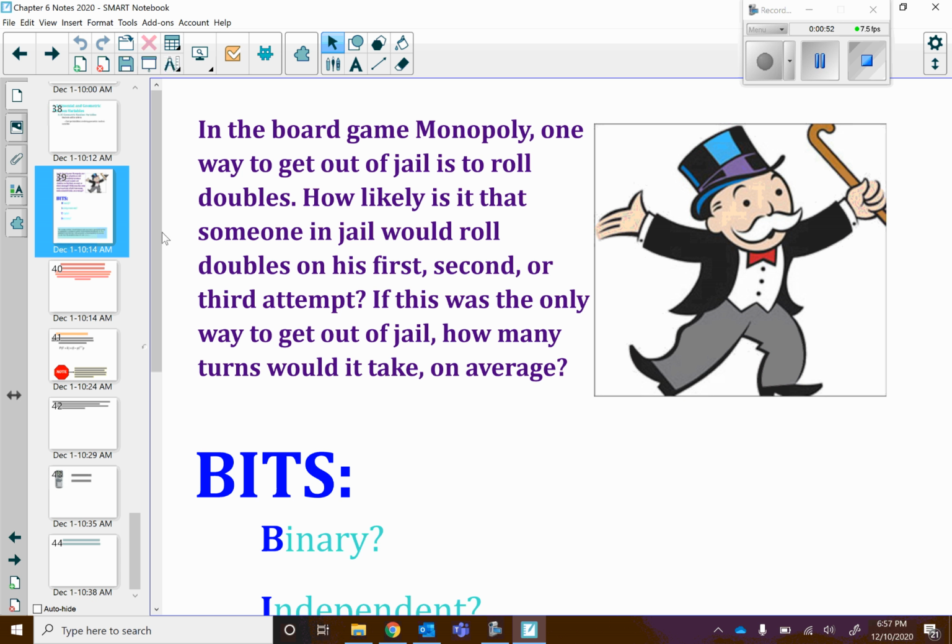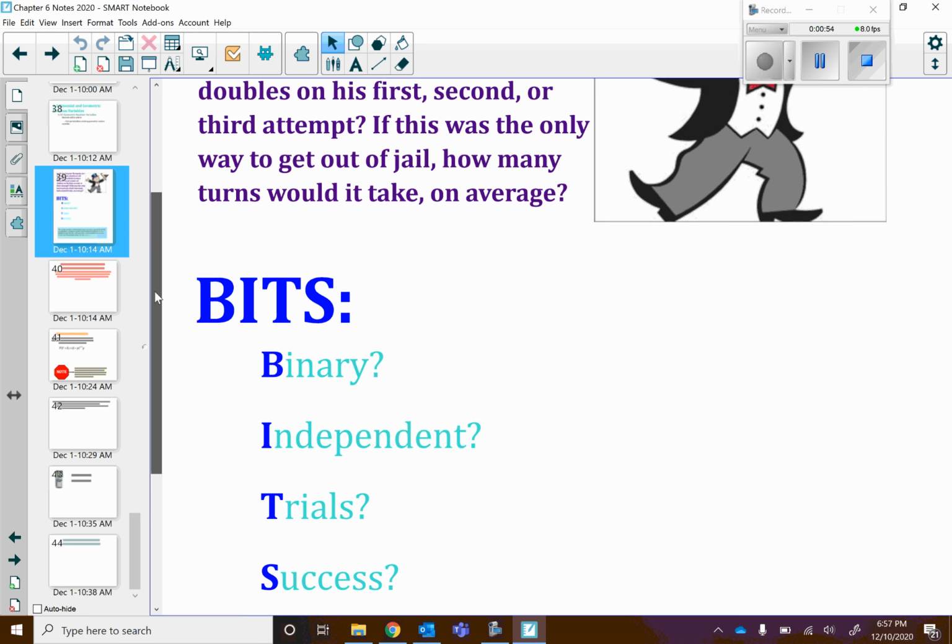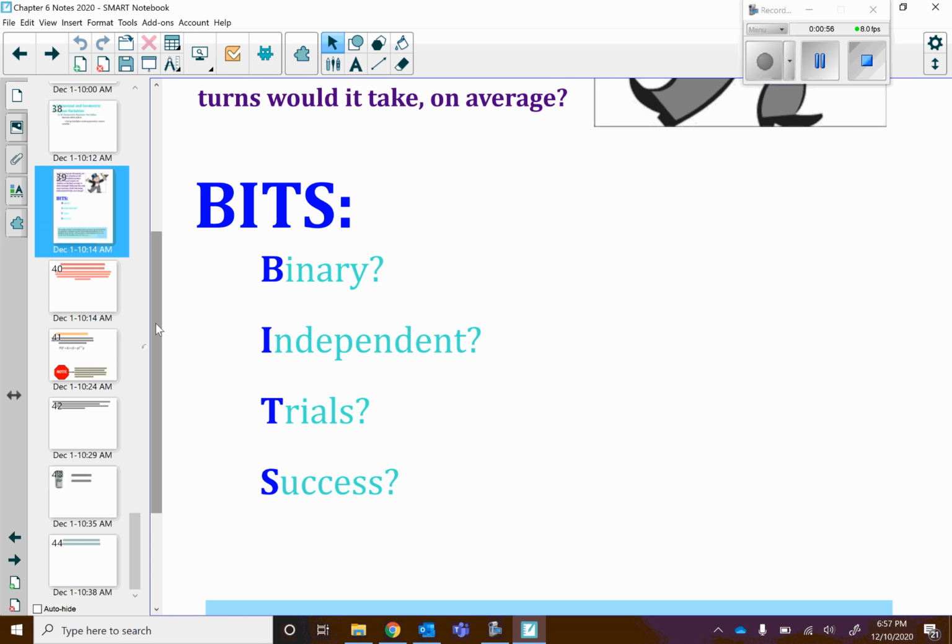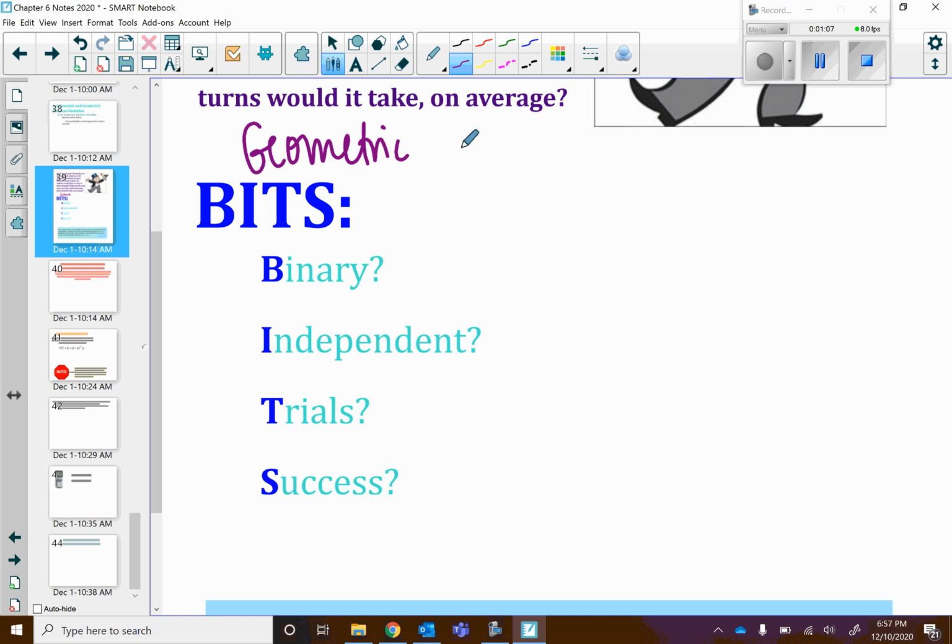And just like a binomial random variable, there are a few characteristics of a geometric random variable, and it has the acronym BITS. So a geometric random variable has the following characteristics. Notice it has three of the characteristics that are exactly the same as a binomial random variable.